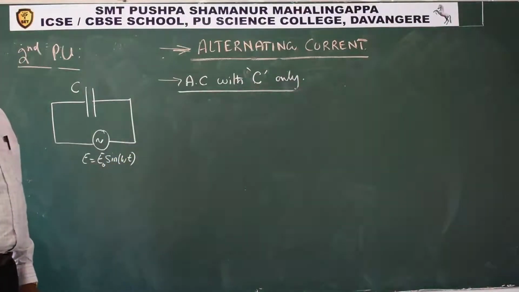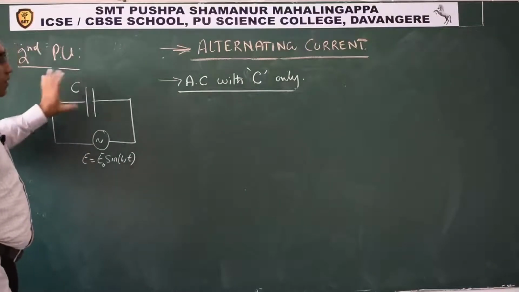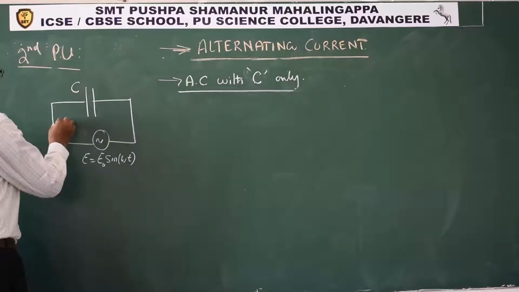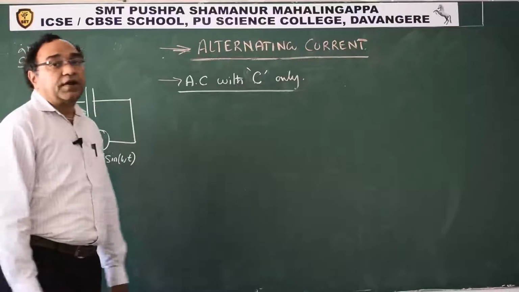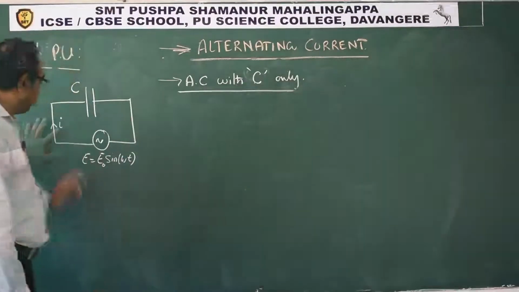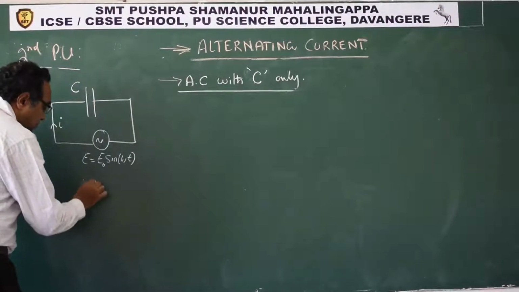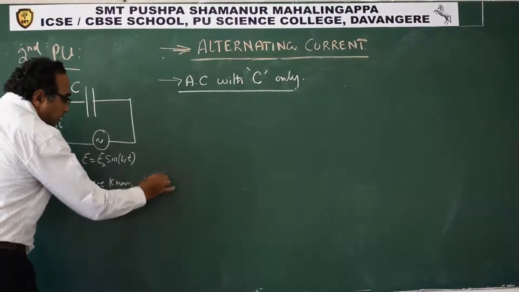This is what we have as the AC source and C. Our aim is what? In any AC circuit, our aim is to find I. How will you find I? I is dq by dt.